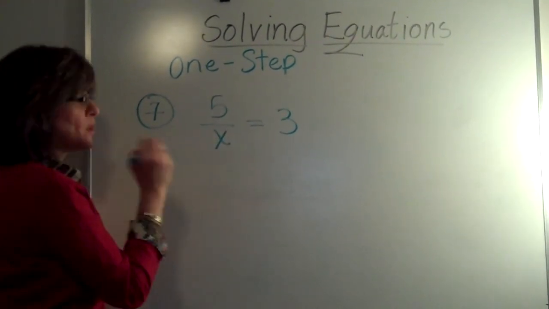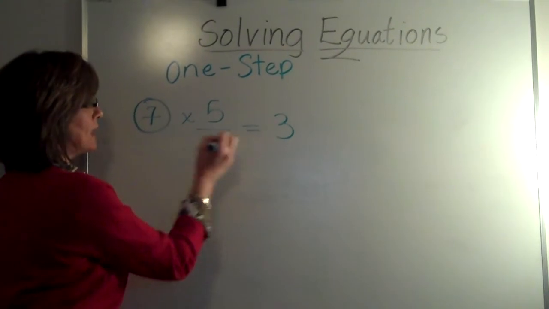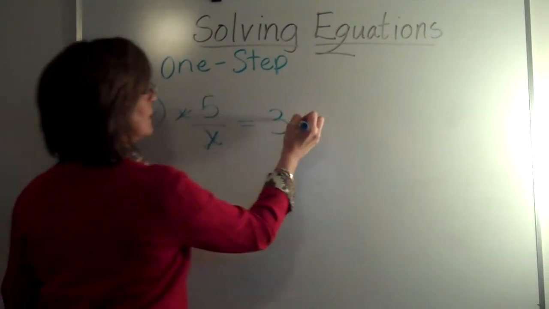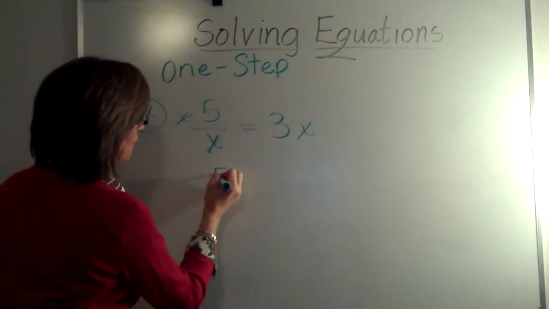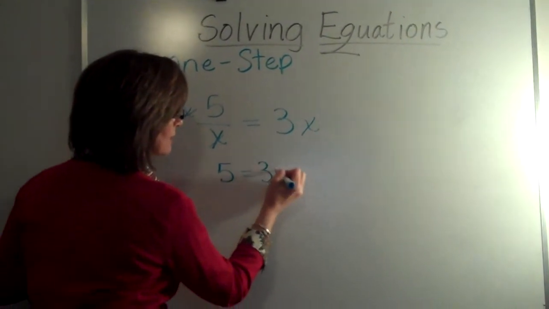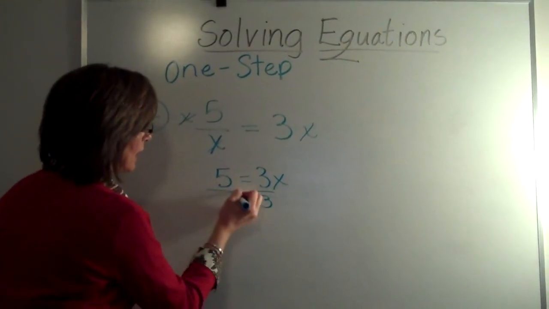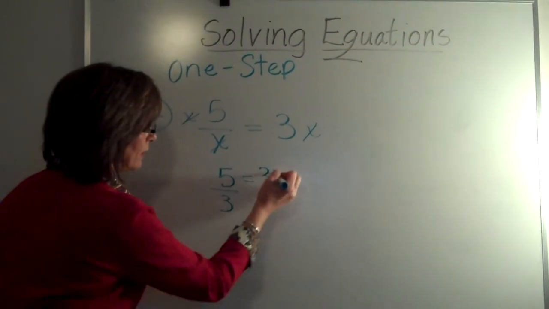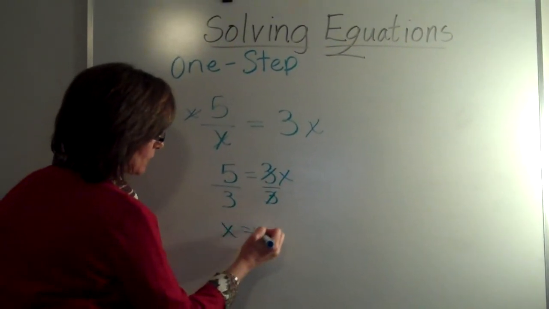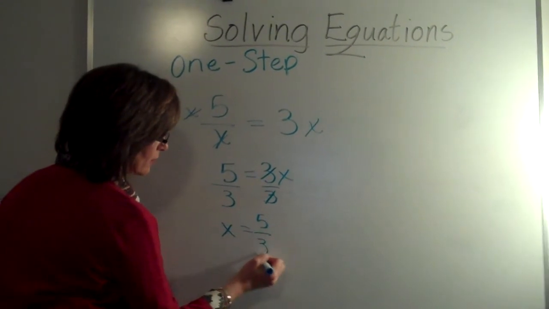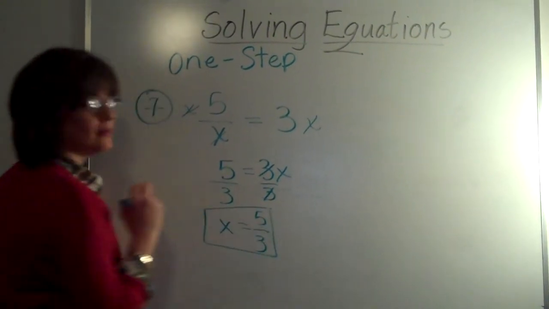Well, I have a lot of choices, but I can multiply both sides by x. And then I get 5 equals 3x. So now I know that I need to divide this side by 3 and this side by 3. And x equals 5/3. And you can just leave it like that.